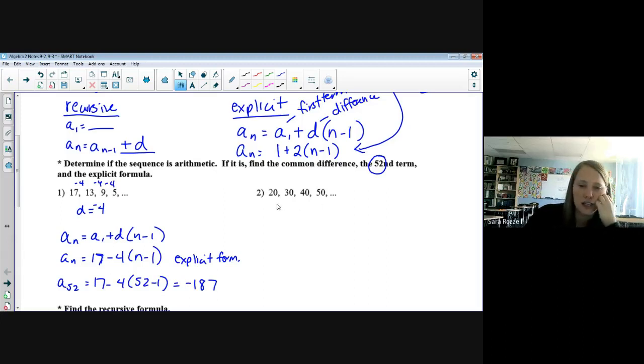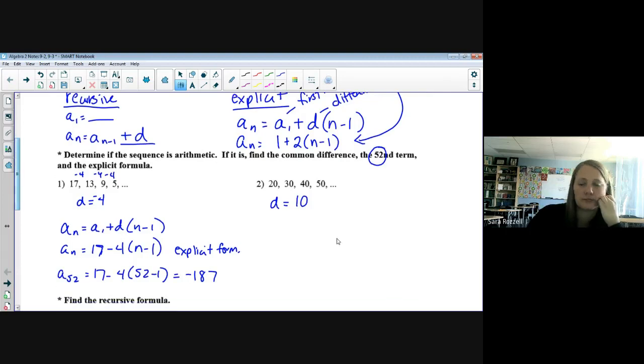So we're adding 10 each time. So yes, it's arithmetic because we add the same each time. And our common difference is 10. So we're going to write our formula. What's our first term? 20, good. Plus 10 times n minus 1.